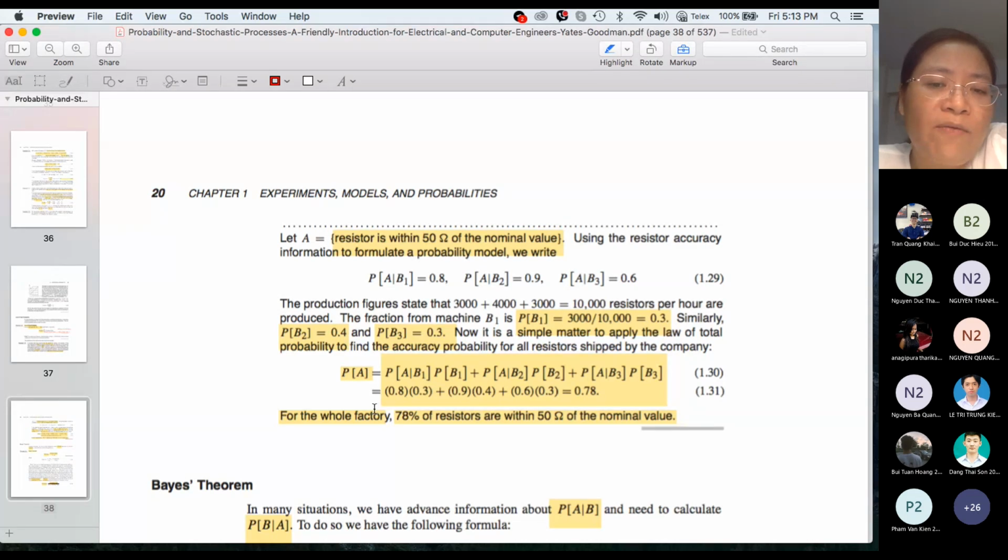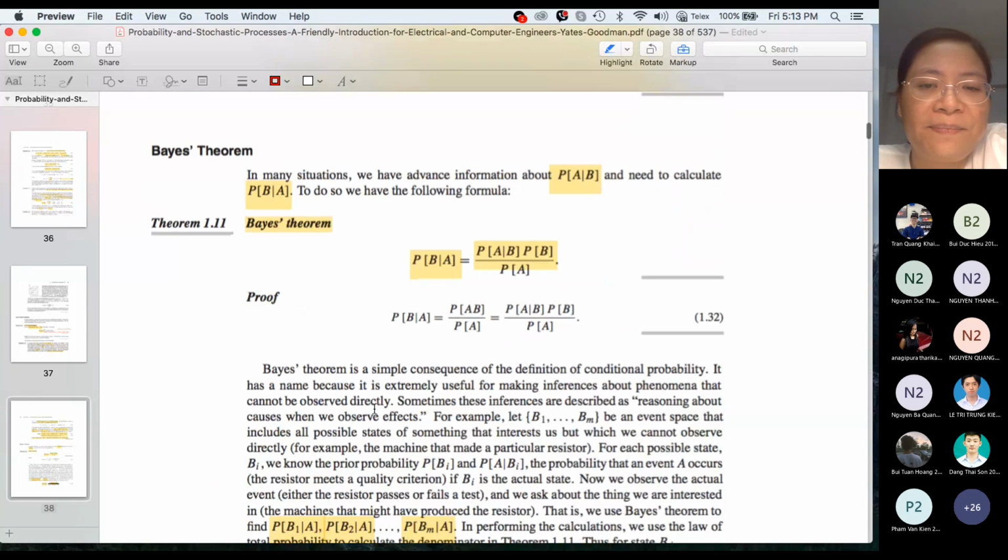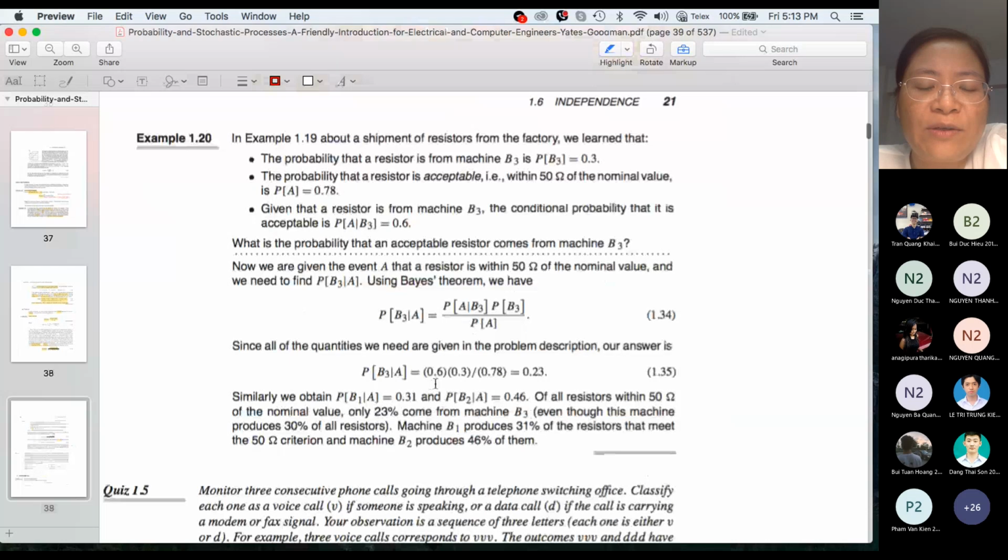If we know the resistor is within 50 ohms of the nominal value, what is the chance of each machine?